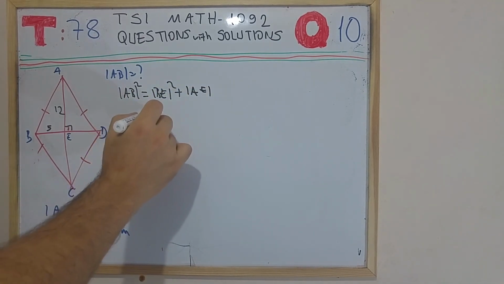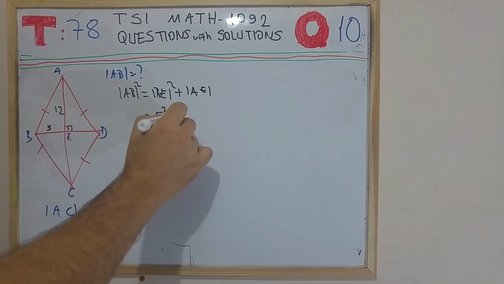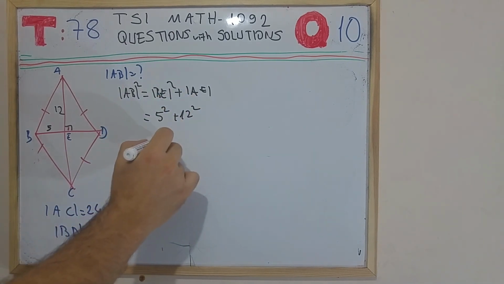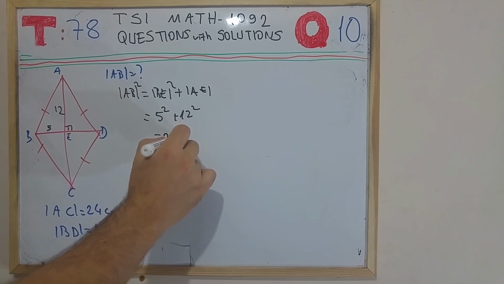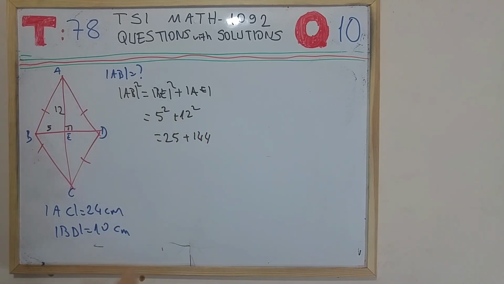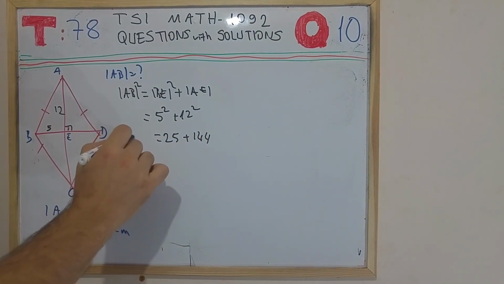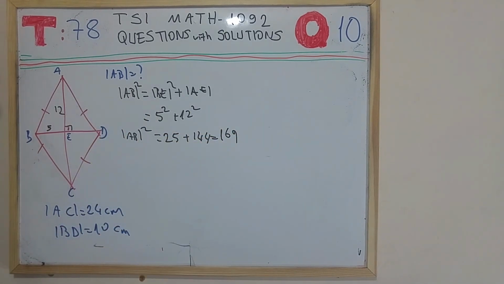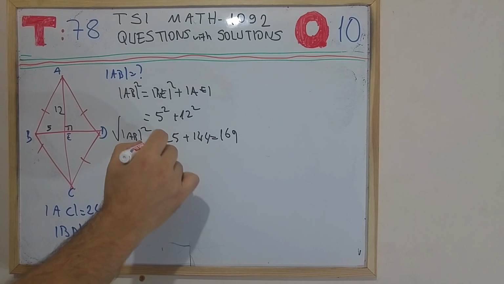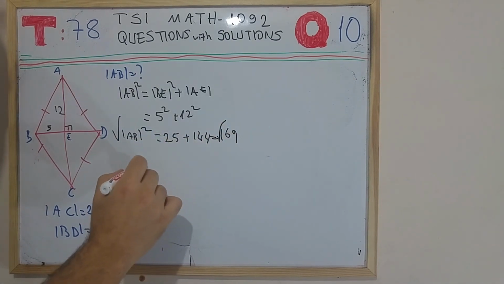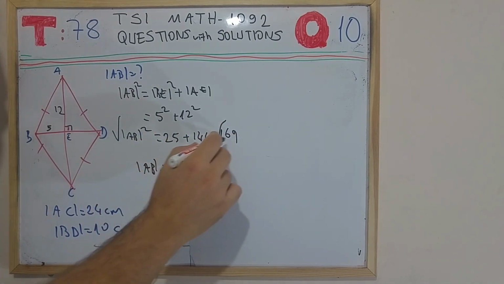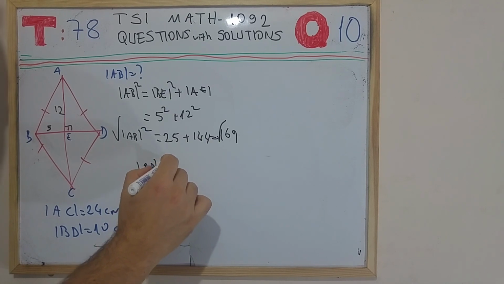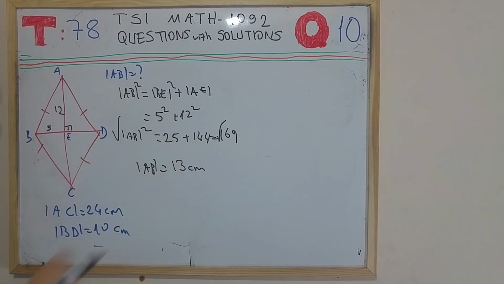And that is equal to 5 squared plus 12 squared, which is equal to 25 plus 144. So AB squared is equal to 169. When I take the square root of both sides, AB is equal to the square root of 169, that is equal to 13 centimeters.